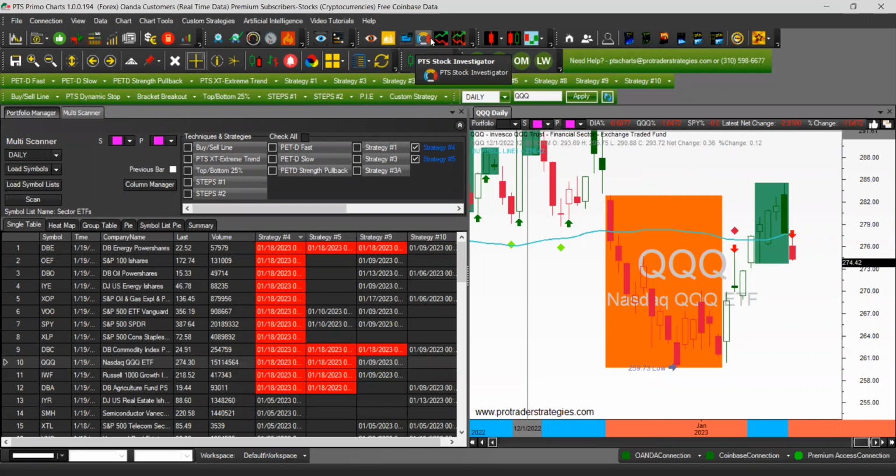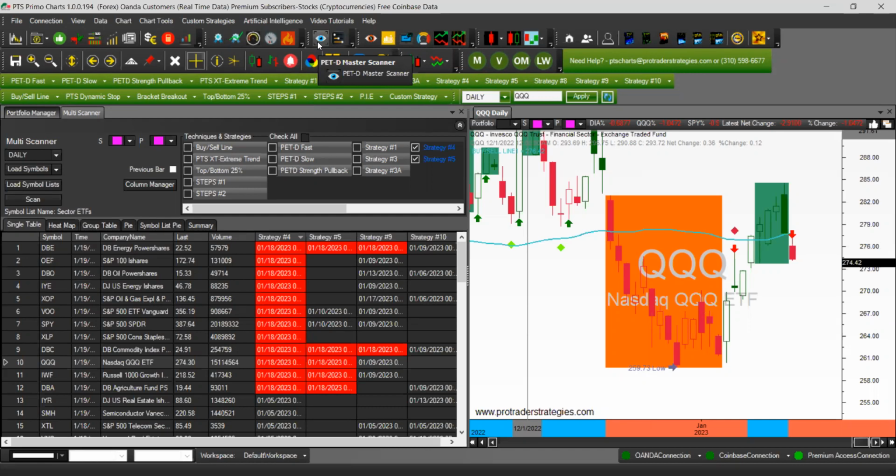We have the breakout scanner, 2 icons, and we also have the PTS strongest stock ranker and industry action scanner. We're not going to talk about this in this session. We're going to talk about the PETD Master Scanner.